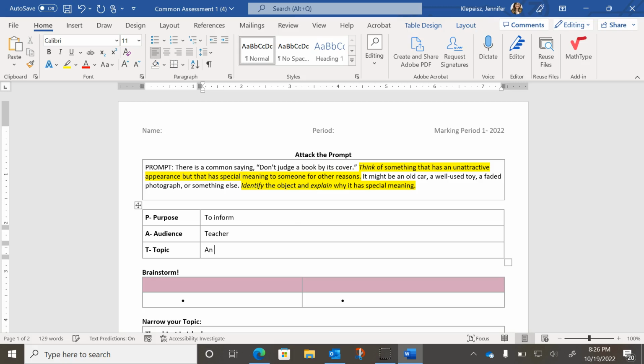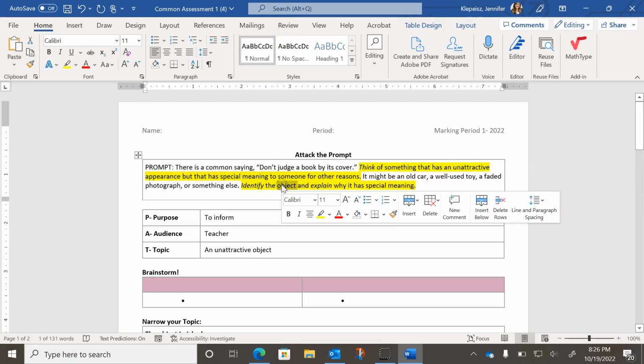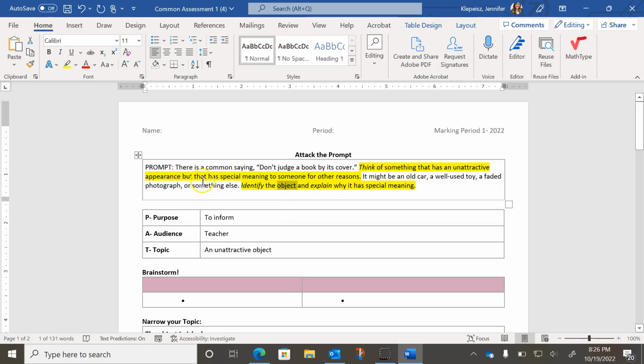The prompt wants us to write about an unattractive object, and I got that from unattractive here, an object here. So the object referencing something that has an unattractive appearance and explain why it's special. So it's an unattractive object that is special. Fantastic.